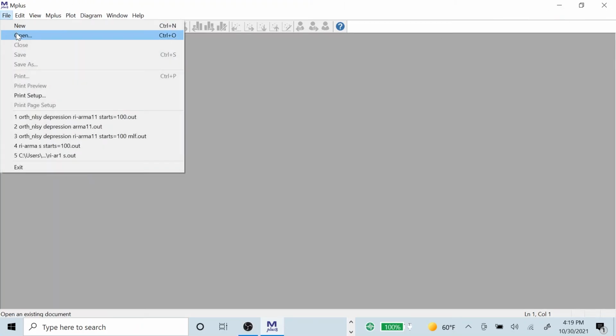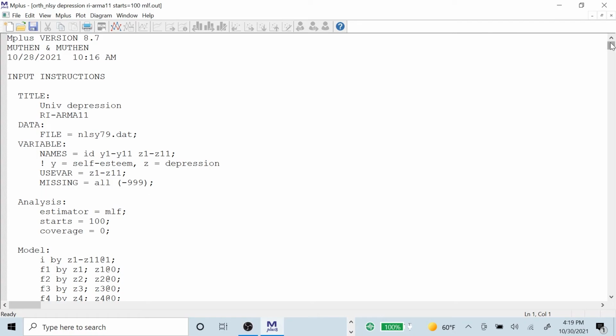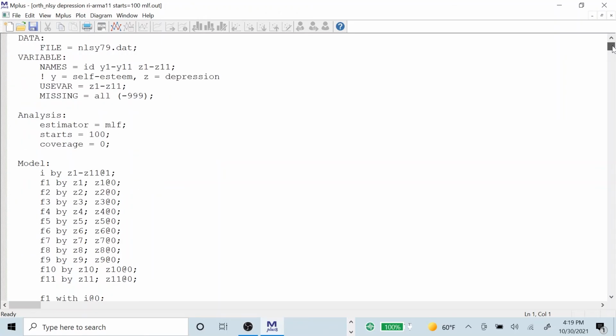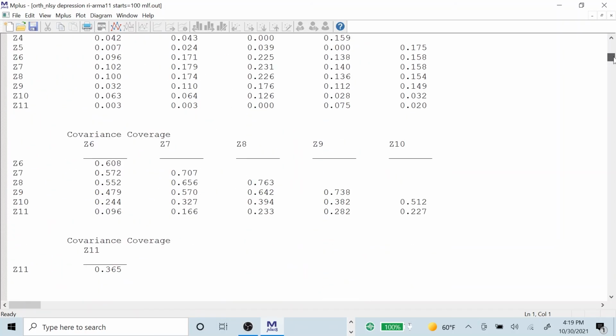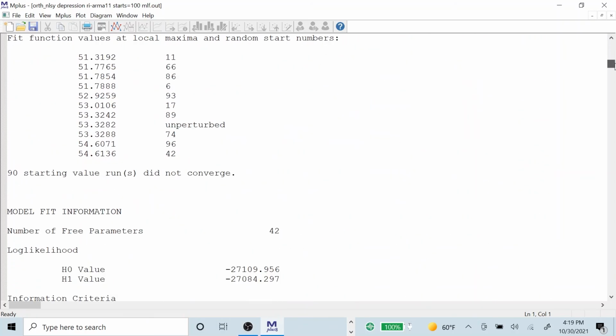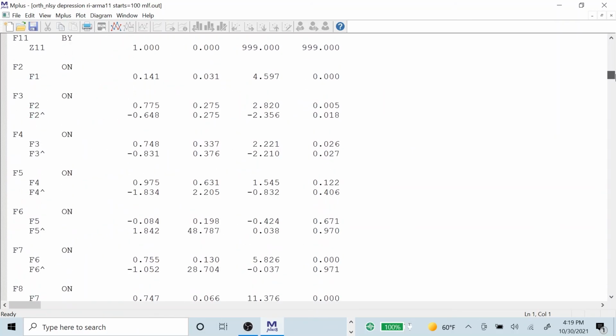So let's take a look at actually running it by MLF. This is an interesting trick that Tihomir taught me, that you run it with the MLF estimator, and then that low condition number gets reflected in the standard errors. So you see then standard errors here being quite large, not for all parameters, but down here, look at 48 for F6 on F5 hat, the moving average component.